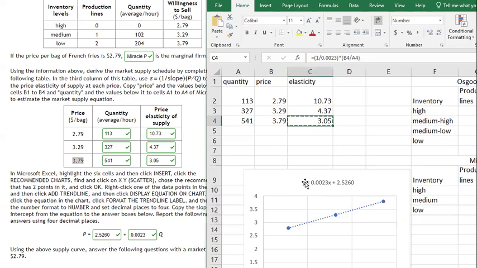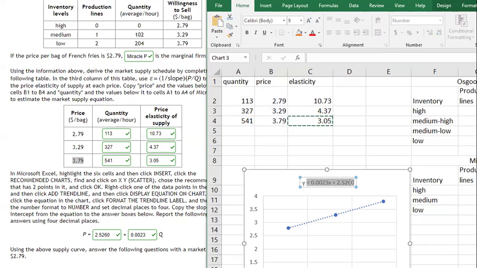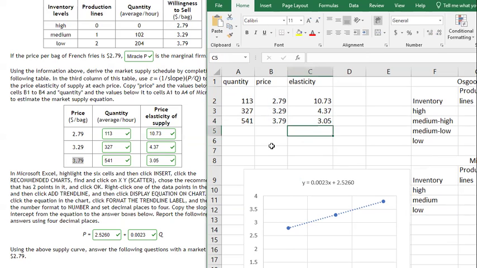Now what we're going to do is take this equation that we've estimated. I'm going to copy everything from equal to the right, and I'm going to paste it right here. I'm going to click that right there. I have the slope times my quantity, which is going to be in cell A6, plus my intercept, right?